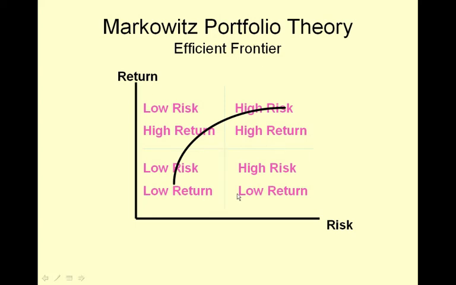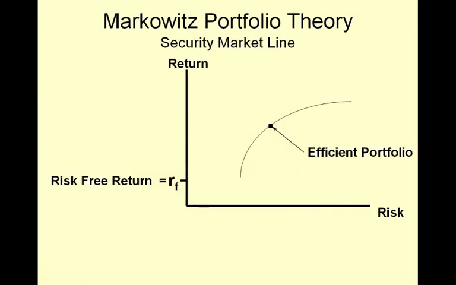The stock portfolios that are available to the investor lie below the efficient frontier. So an investor could pick a stock portfolio. The efficient frontier indicates the combinations of return and risk that are available to the investor that invests only in the stock market. But investors can also choose to put money into treasury bills and earn a risk-free return.